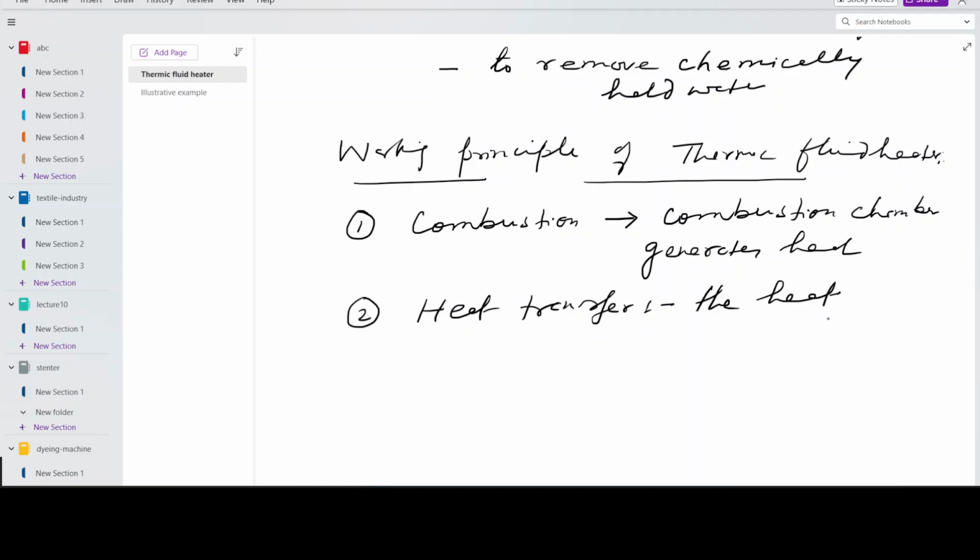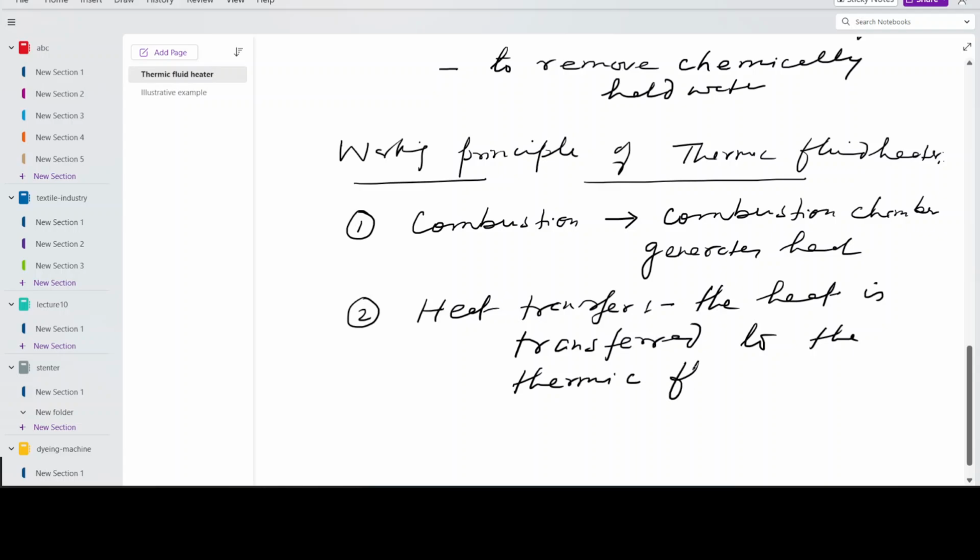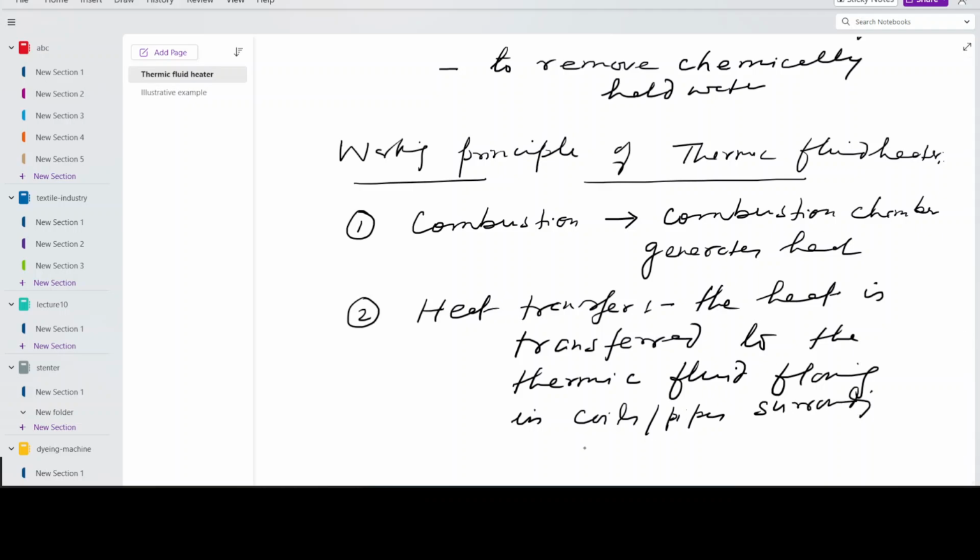This heat generated from combustion is transferred to the thermic fluid flowing in coils or pipes surrounding the combustion area.